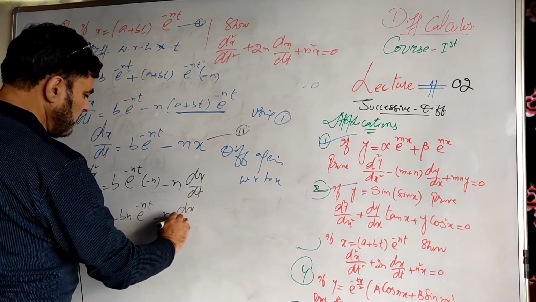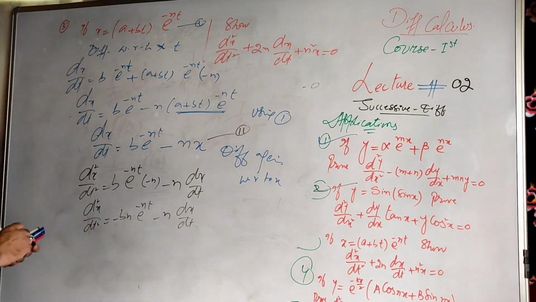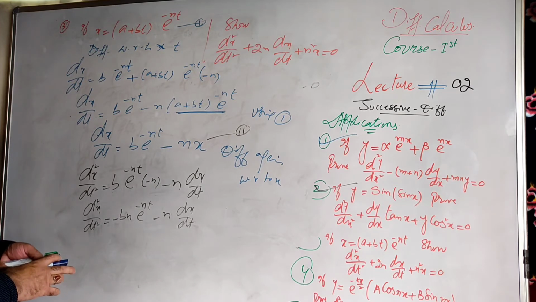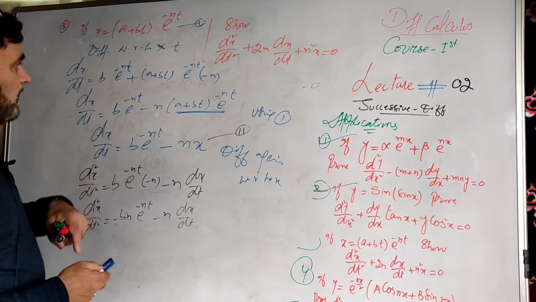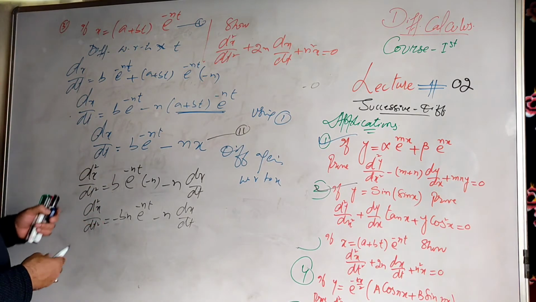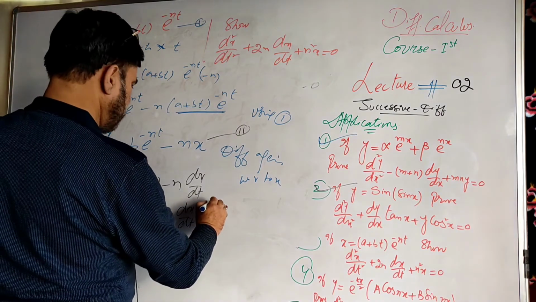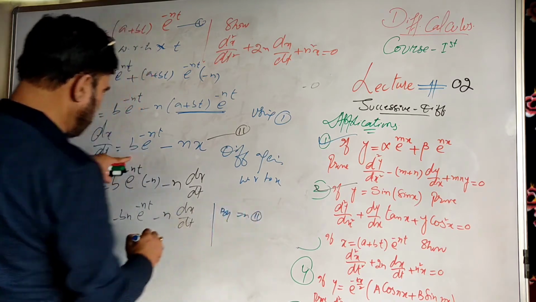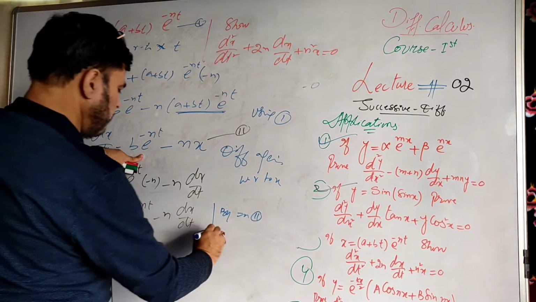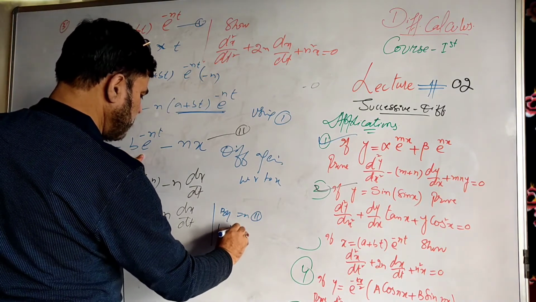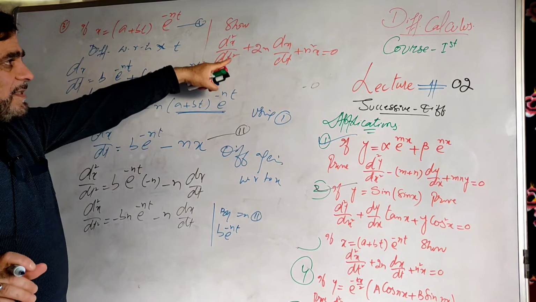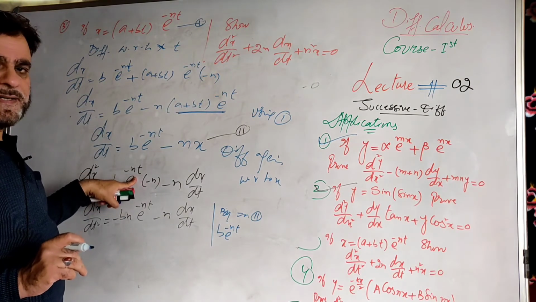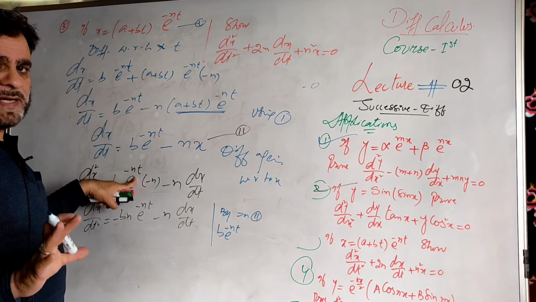Now we want to use the value of what? e raised power minus nt. You don't want e raised power minus nt in the result, so it must be eliminated. How do I eliminate it?